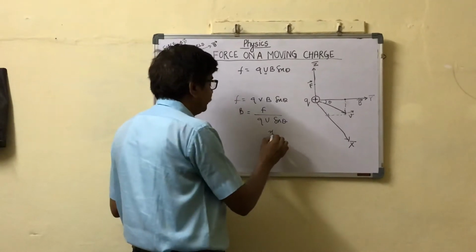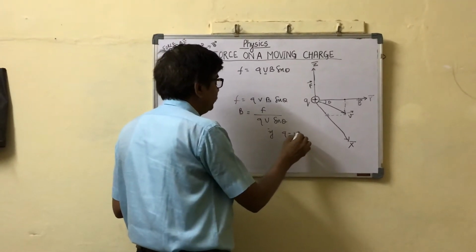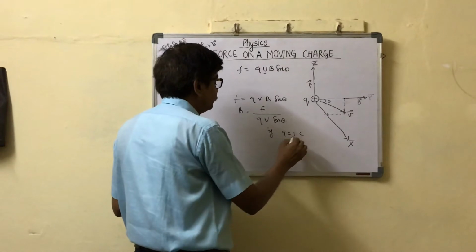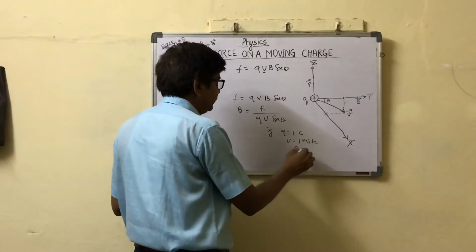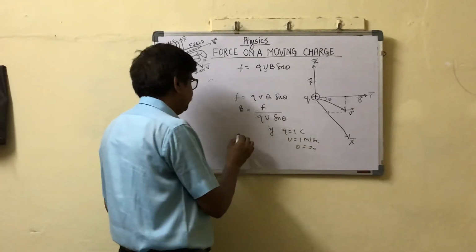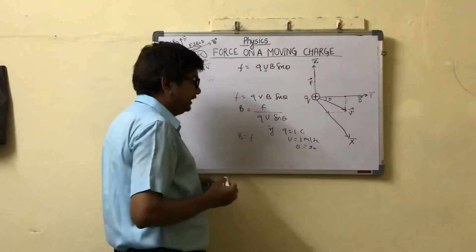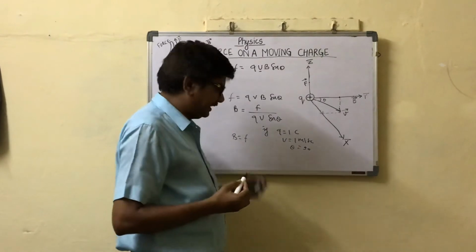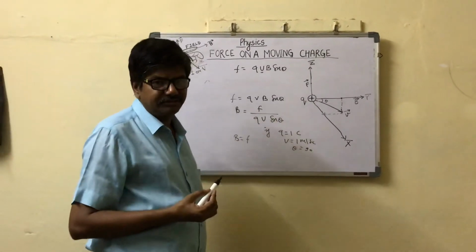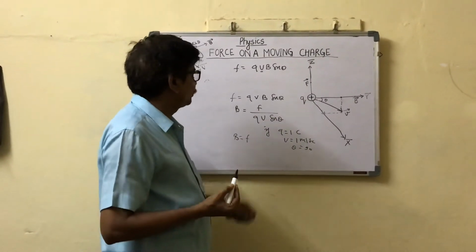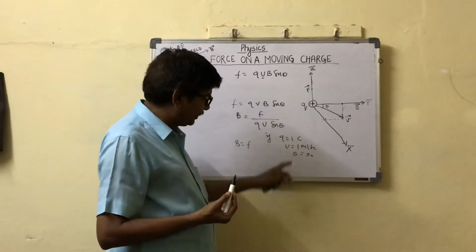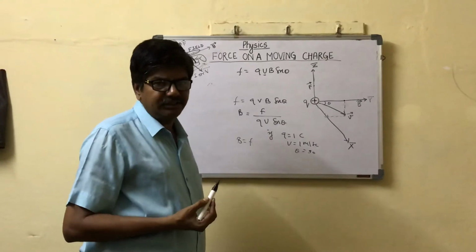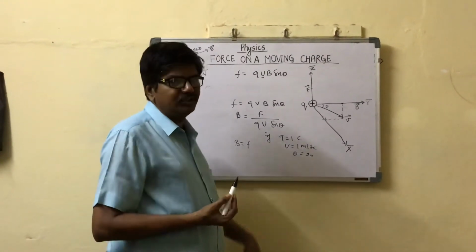If Q is equal to 1 coulomb, V is equal to 1 meter per second, and theta is equal to 90, then B is equal to F. That is, magnetic field is defined as the force on a unit charge moving with unit velocity at right angle to the field.